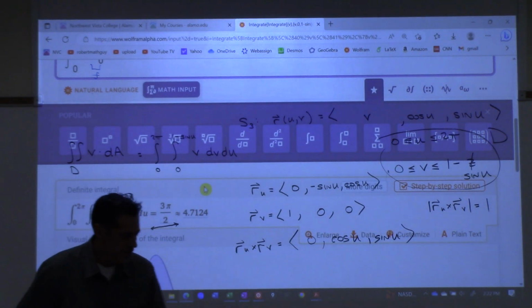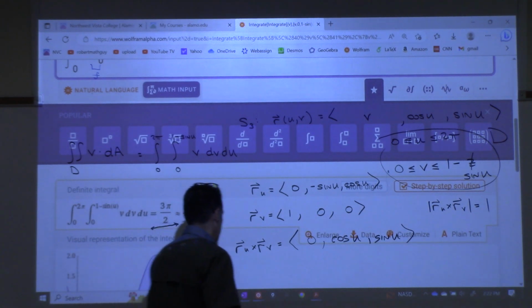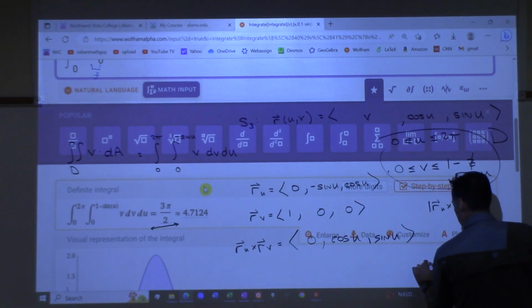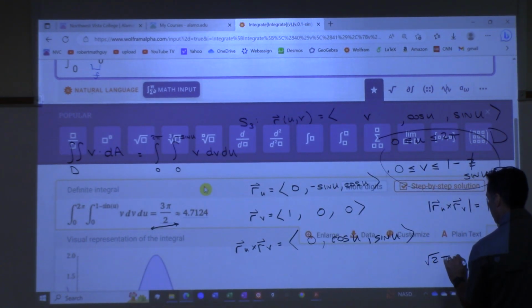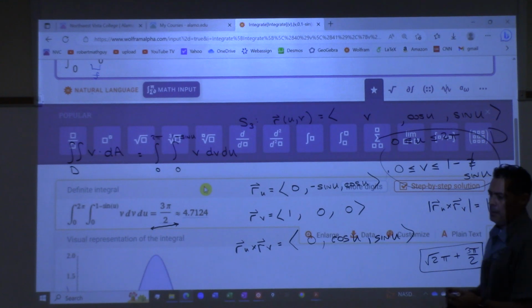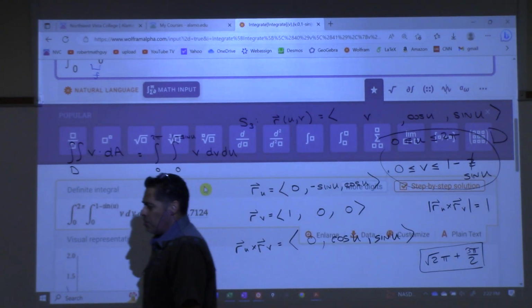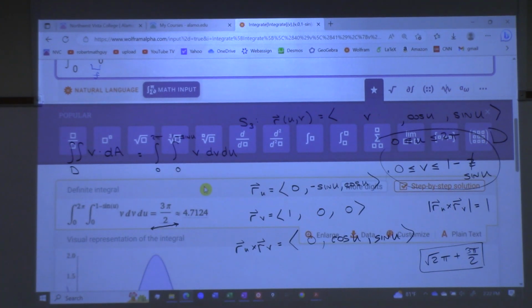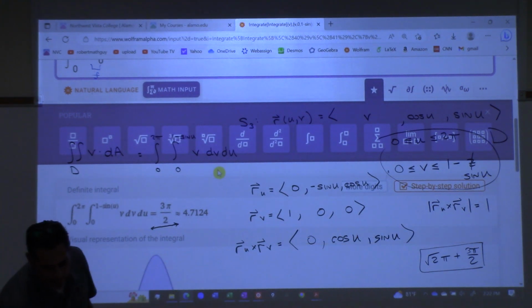So our final answer is root 2 pi plus 3 pi over 2. That is the surface integral of this scalar function f over that surface S, which is the union of all three surfaces.